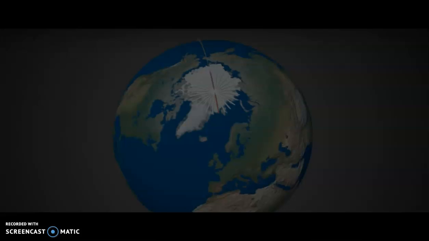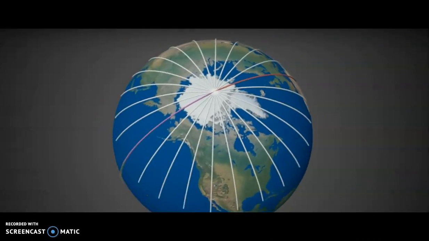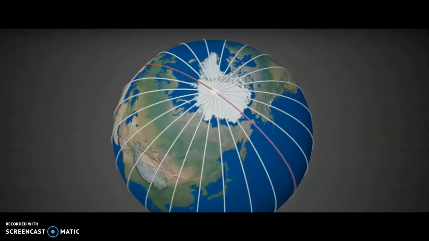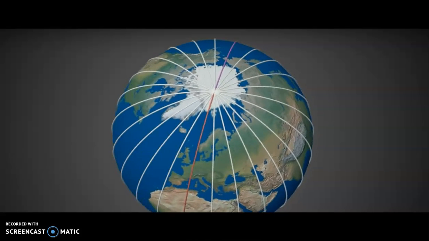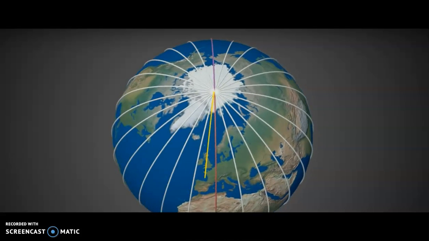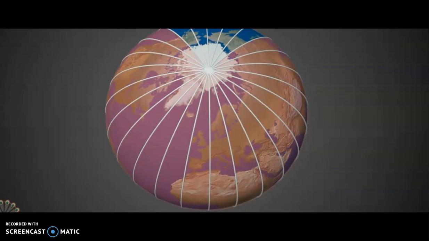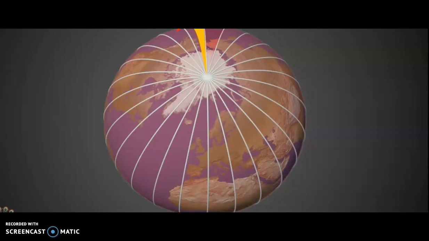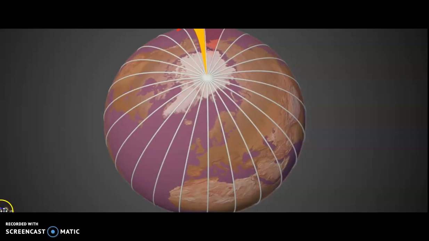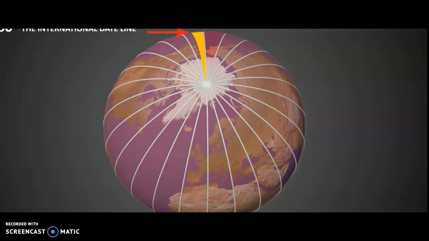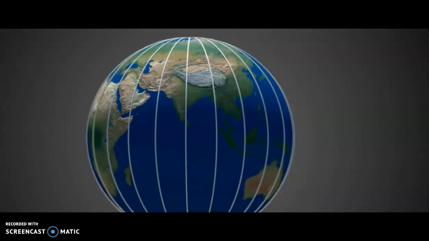So let's watch. Earth is divided into 24 time zones. The time at 0 degrees latitude is called the Greenwich Mean Time or the Coordinated Universal Time. The 24 time zones extend east and west around the globe for 180 degrees to the international dateline from the prime meridian.